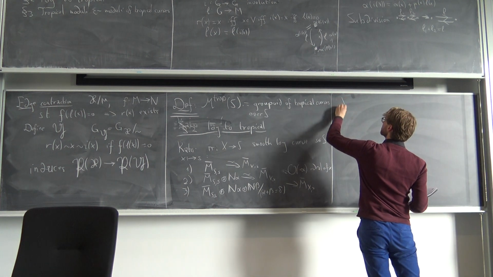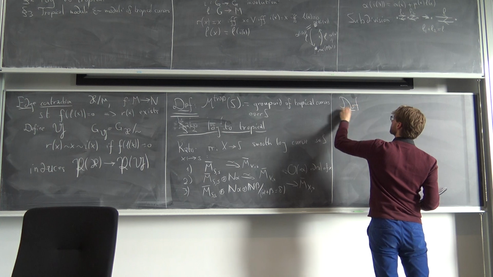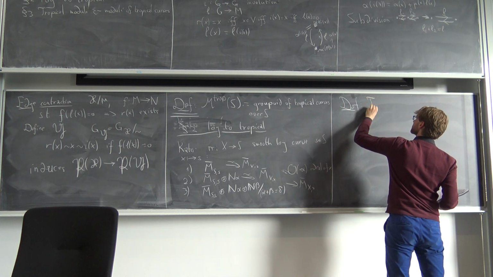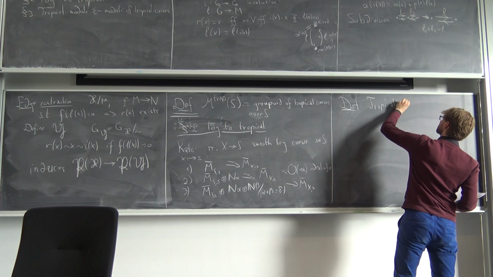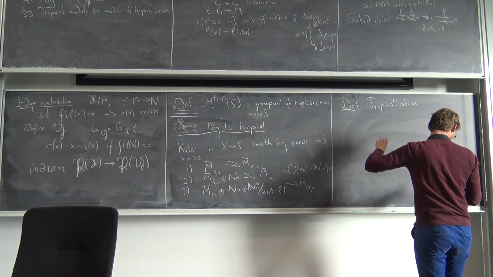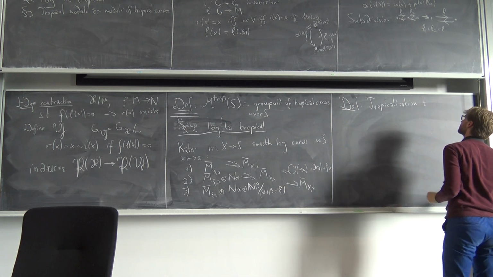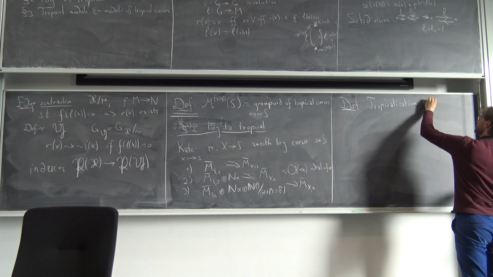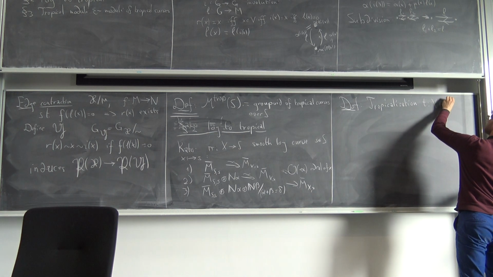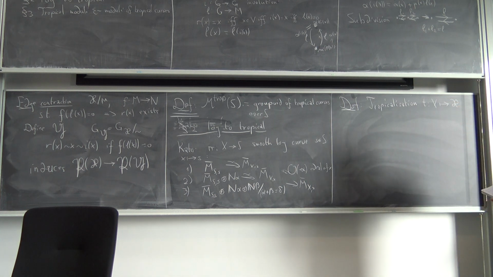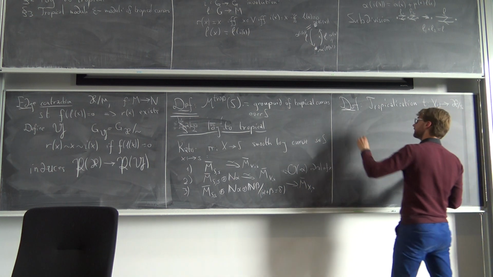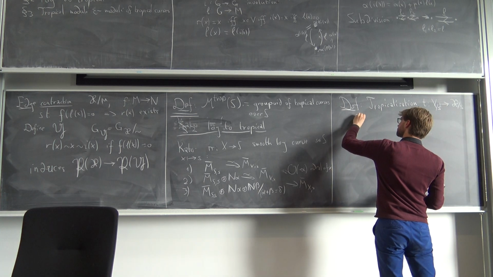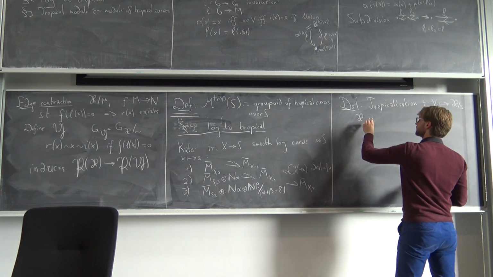So anyway, let's define tropicalization, T. It sends a log curve over S to a tropical curve over S by, well, what is it? It's a dual graph.